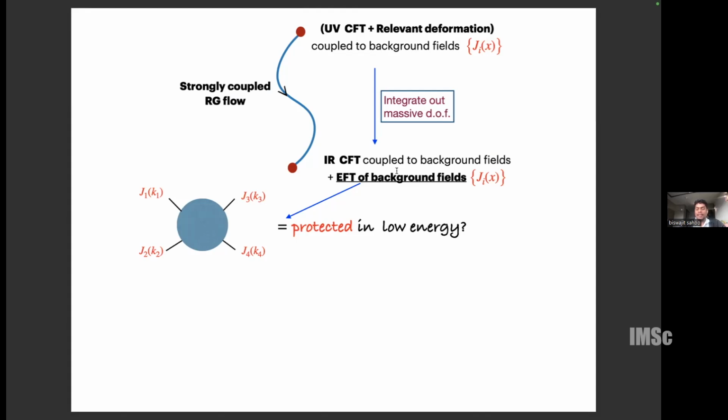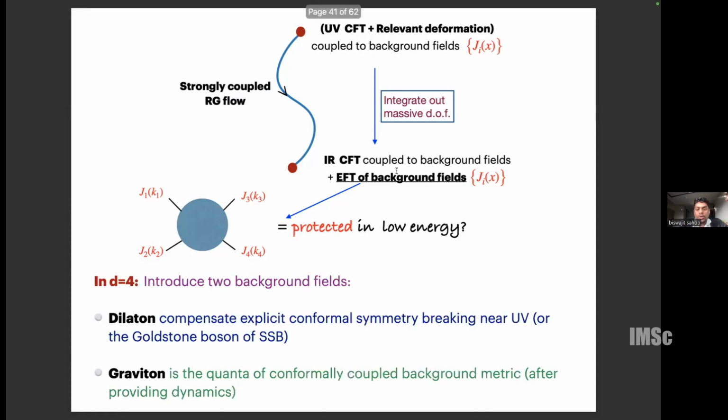Many other complications could be there, or there could be multiple RG flows between two fixed points. To find such protected observables, we introduce two kinds of sources, at least for the sake of this seminar. One I'll call the dilaton.